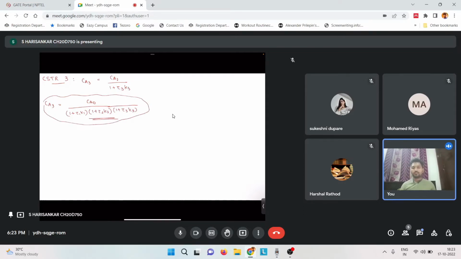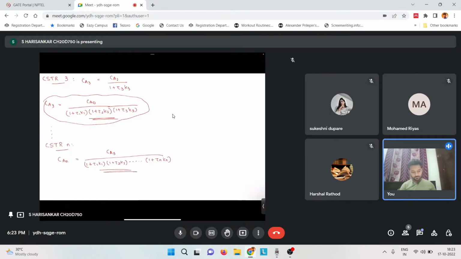And if we proceed like this for CSTR number n, we'll have the general equation CAN is equal to CA0 by 1 plus tau 1 K1, 1 plus tau 2 K2, and this will go on up to 1 plus tau n Kn.